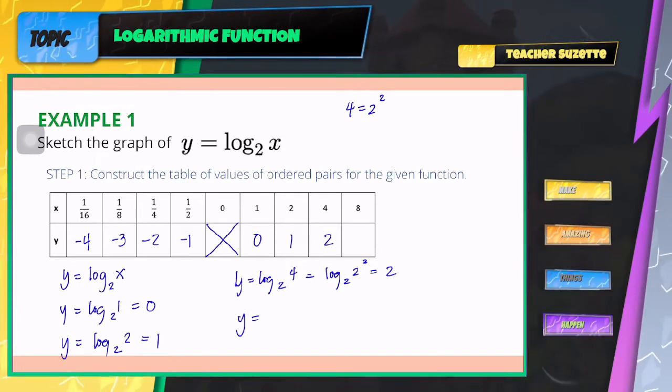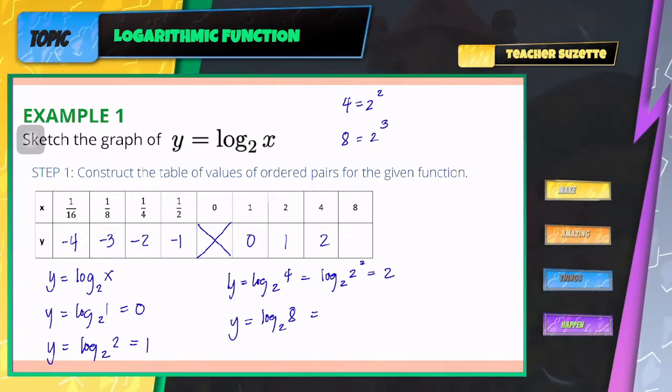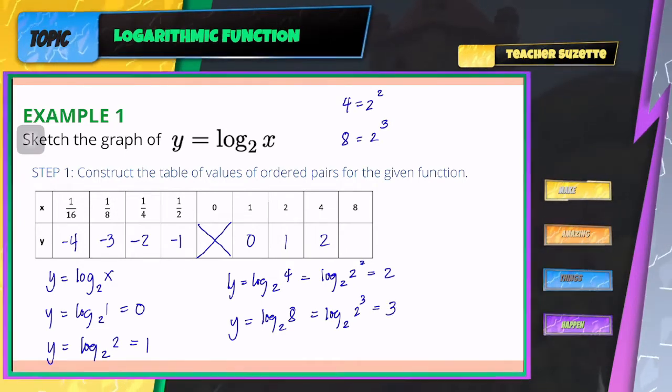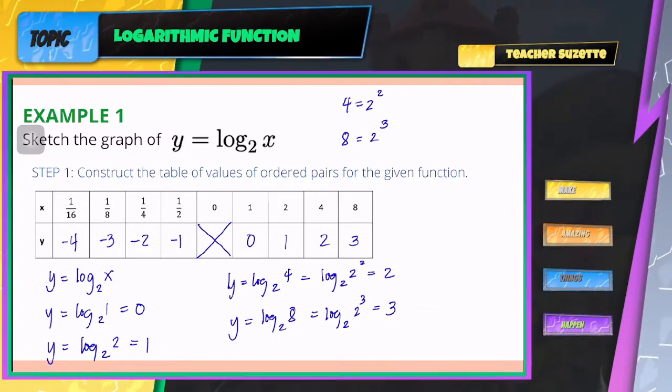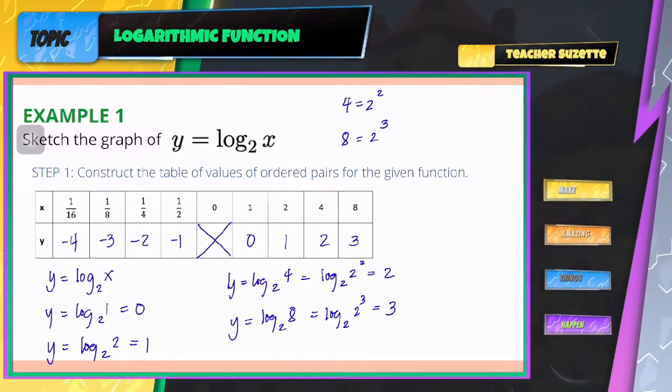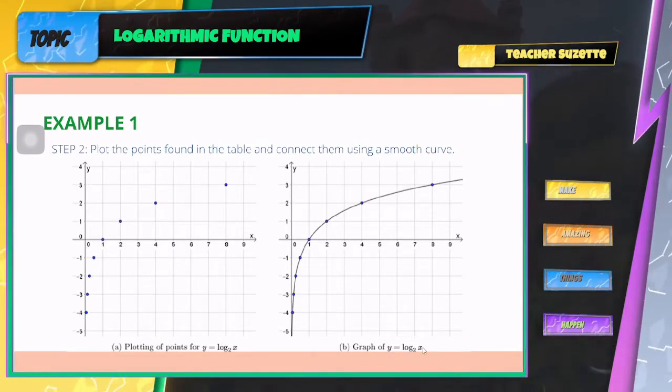Last, we have y is equal to the logarithm of 8 base 2, and 8 can be written as 2 raised to 3. So you will have logarithm of 2 raised to 3 base 2. Using the properties of logarithm, we will have positive 3 as the value of our y. So when we plot the points found in this table and connect them using a smooth curve, we will have the graph of y is equal to logarithm of x base 2.